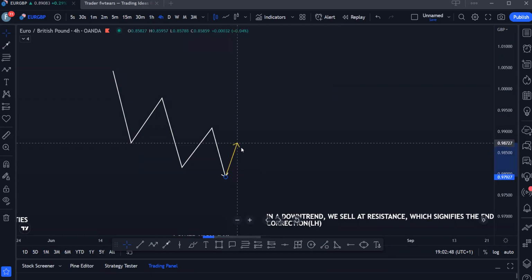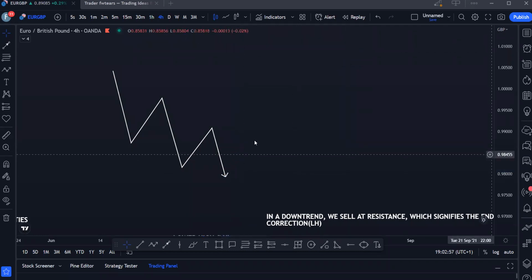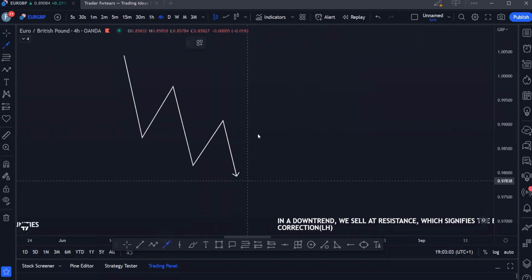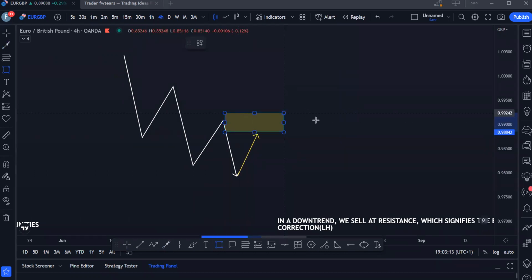So what do you want to do when you see that price is in a downtrend? You want to wait for the correction. Wait for price to correct, and that correction, you want it to align into a resistance.